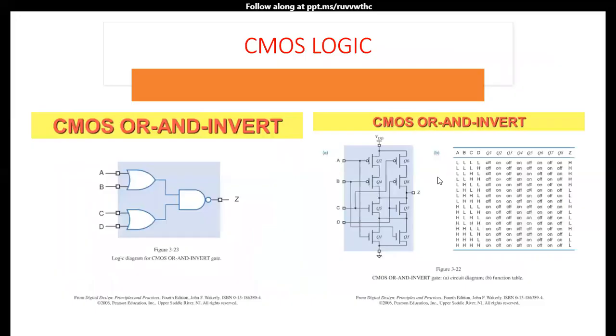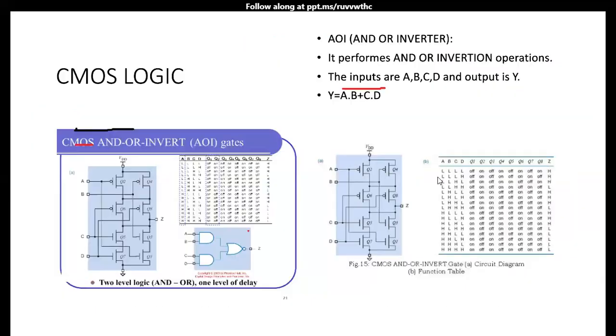I'm taking another input: high, low, low, high. A input is high, so Q2 off and Q1 on. B input low means Q4 on and Q3 off.